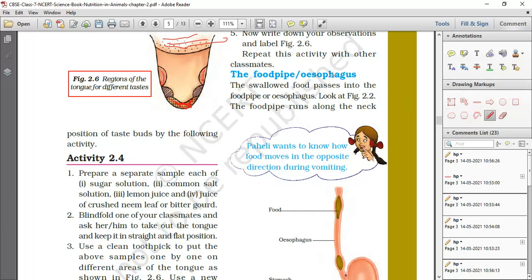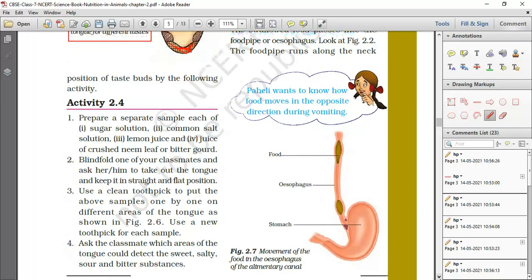The food pipe is also known as the esophagus. The swallowed food passes into the food pipe, or esophagus. Look at figure 2.2. The food pipe runs along the neck. It starts from the neck, as you can see there.